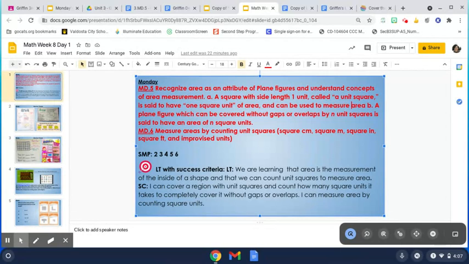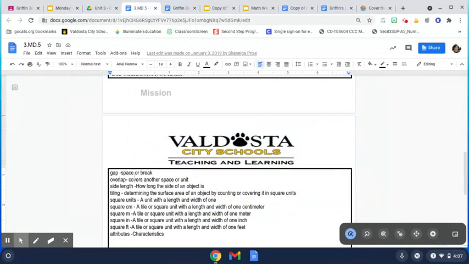Gaps are spaces or breaks in the design, or overlaps, by n units, is said to have an area of n square units. So a gap, space or break, overlap covers another space or unit within that shape.